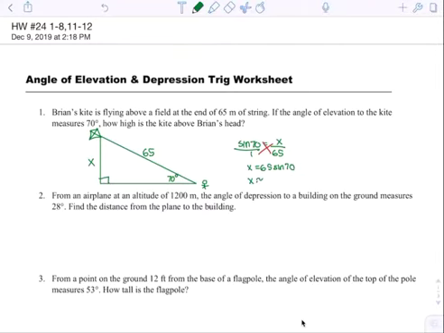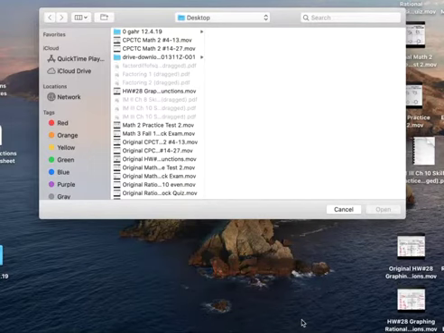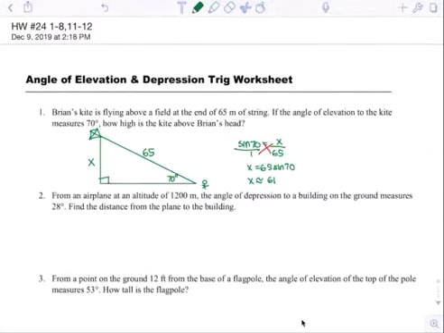Put that into your calculator, and you are supposed to get 61.1. Oh, not degrees. Meters. That's how high the kite is above Brian's head.